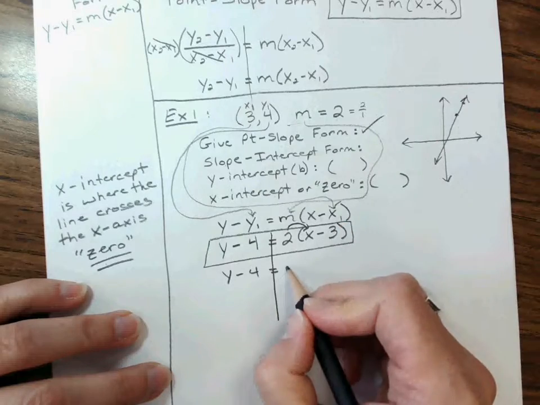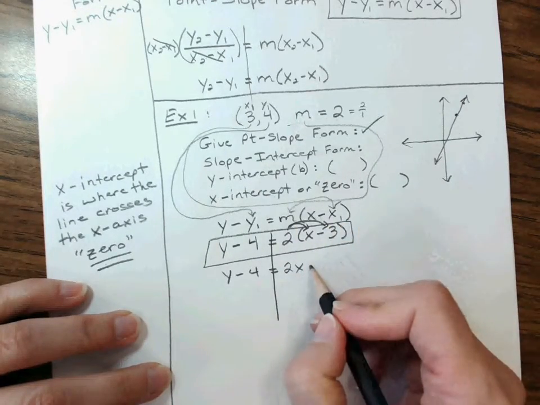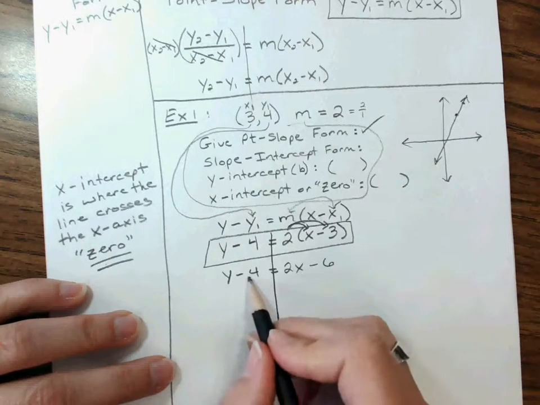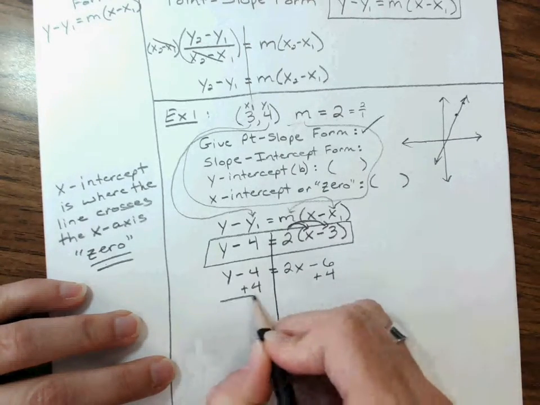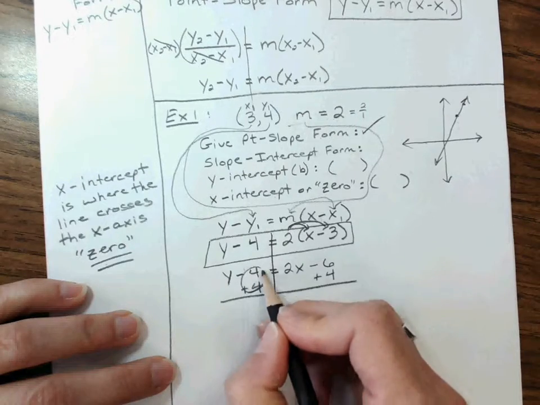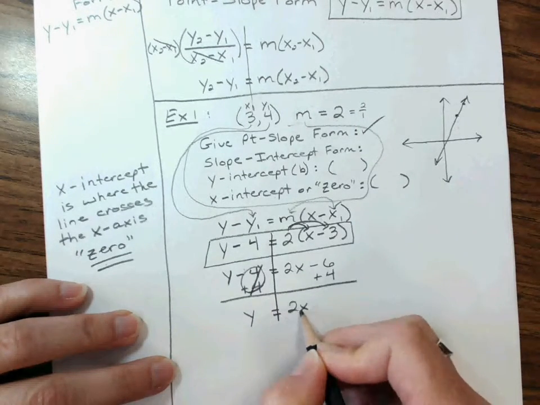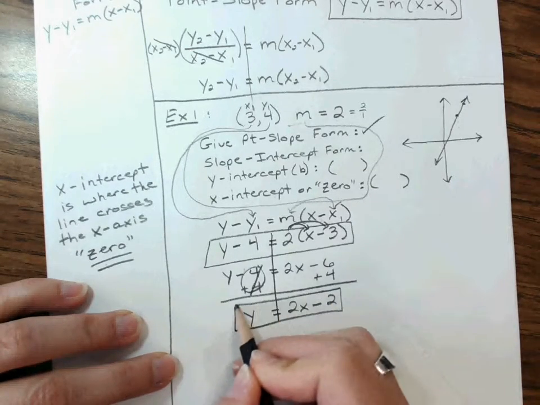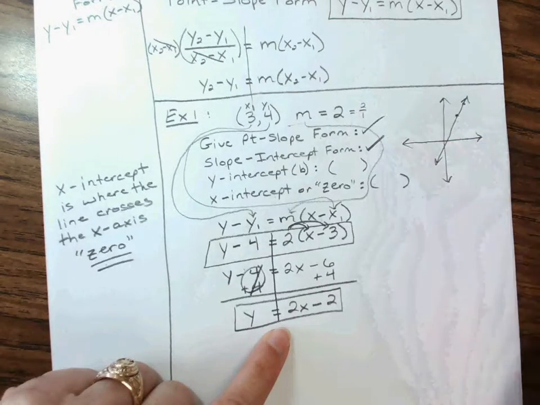So I have 2 times x is 2x, 2 times negative 3 is negative 6. Okay, then I'm still trying to get this y by itself, so I've got to get rid of this negative 4. So I'm going to do the opposite on both sides, positive 4, positive 4. My 4's go away to 0, so I have y equals 2x minus 2. This is my slope-intercept form. Okay? So we have now done slope-intercept form.